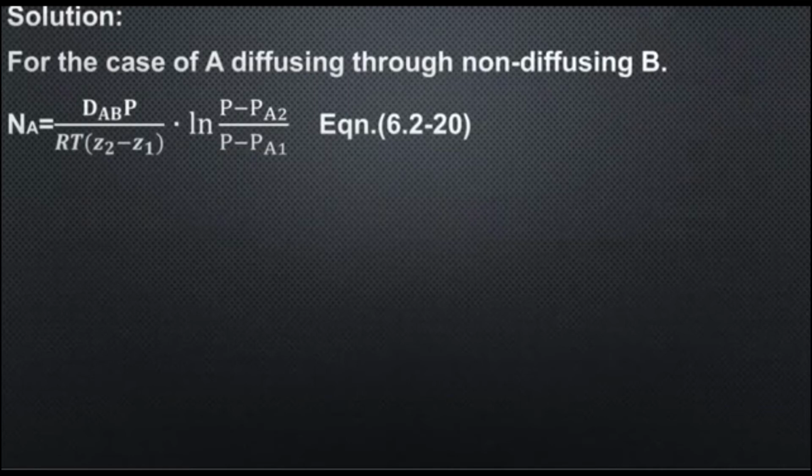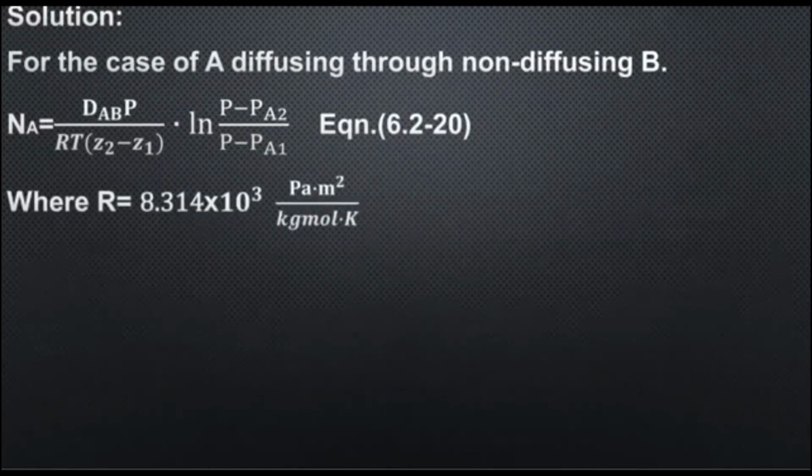For the case of A diffusing through a non-diffusing B, the flux of A is equal to the diffusivity coefficient multiplied by the total pressure over the gas constant multiplied by the temperature times Z2 minus Z1, times the natural log of the total pressure minus the partial pressure at point 2 over the total pressure minus the partial pressure at point 1, where R is equal to 8.314 times 10 to the power of 3 Pascal meter squared over kilogram mole Kelvin.